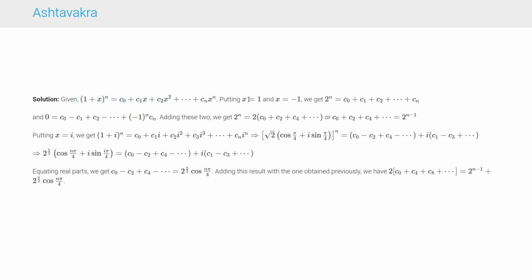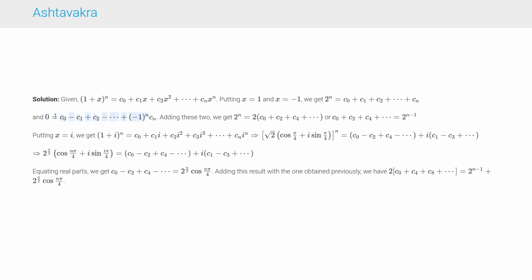So we put x is equal to 1 and x is equal to minus 1, and we add. When we put x is equal to 1, it becomes 2 to the power n is equal to c0 plus c1 plus c2 up to cn. And when we put x is equal to minus 1, it becomes 0 is equal to c0 minus c1 plus c2 up to minus 1 to the power n cn.